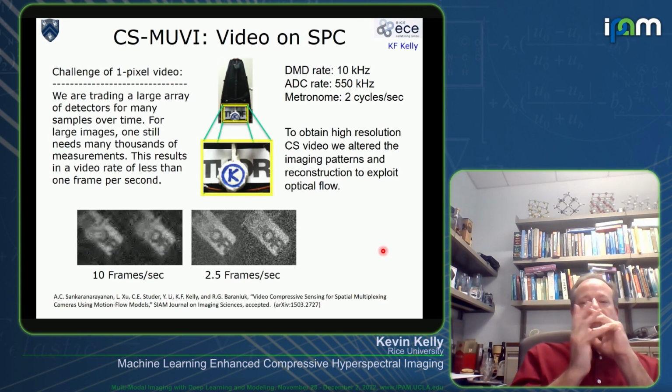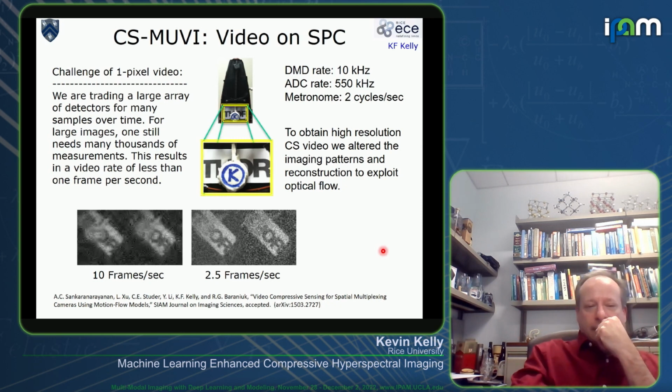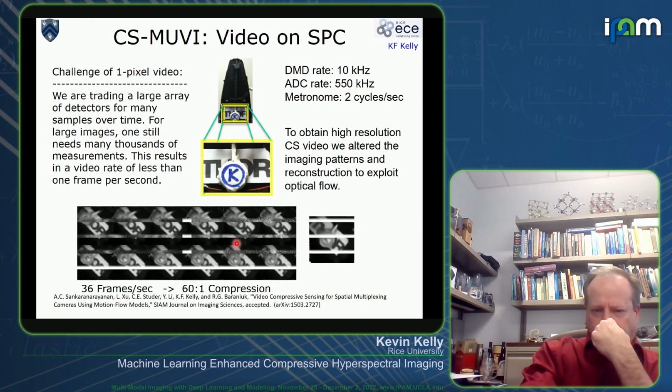And so one of the things we did come up with was a great way to do compressive video. And this was Rich's postdoc, Ashwin, who's at Carnegie Mellon. And the idea was that when things move, if you try to move to keep up with the swinging metronome, you get a very blurry image. If you use more patterns, you miss the metronome, but you can reconstruct the background.